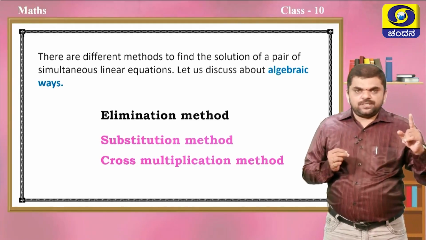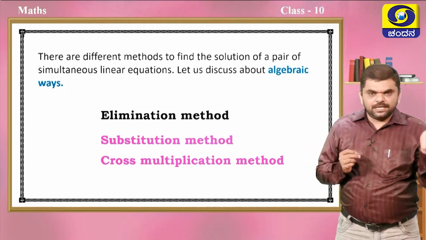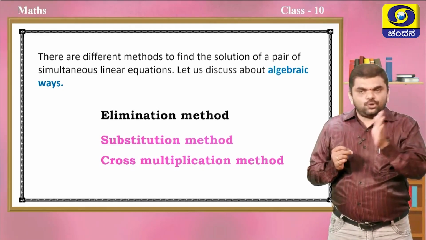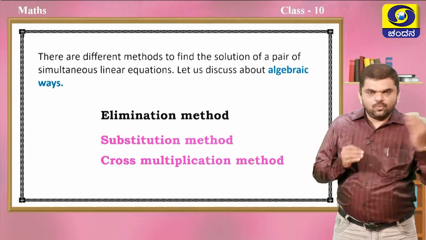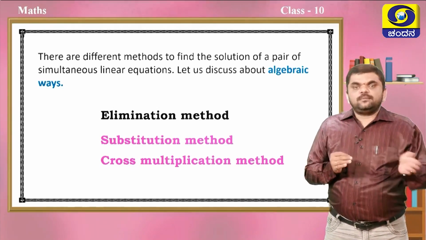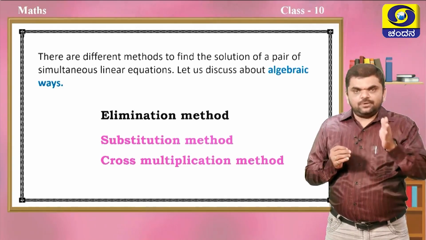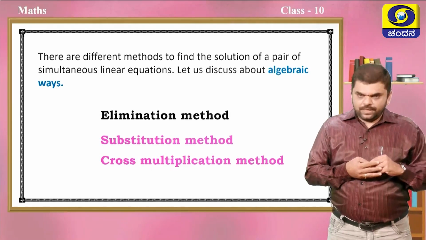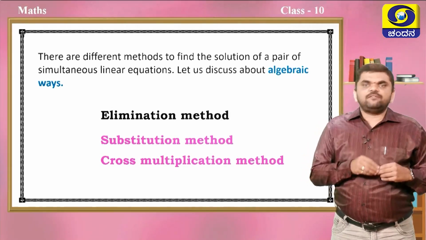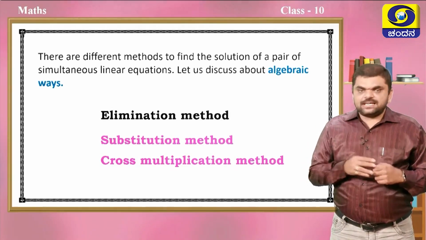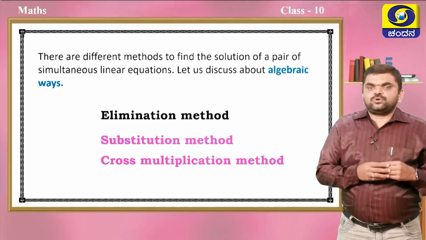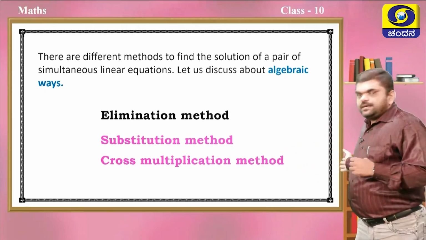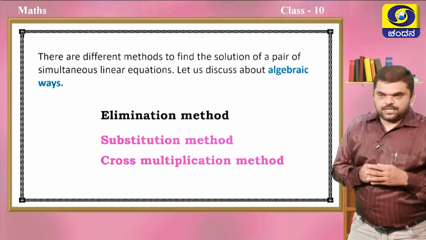In elimination method we have to eliminate any one of the unknown quantities, that is x or y, so that by taking one value we substitute another value, so that we get both unknown quantities. In today's class, we shall discuss the substitution method and cross multiplication method, children.